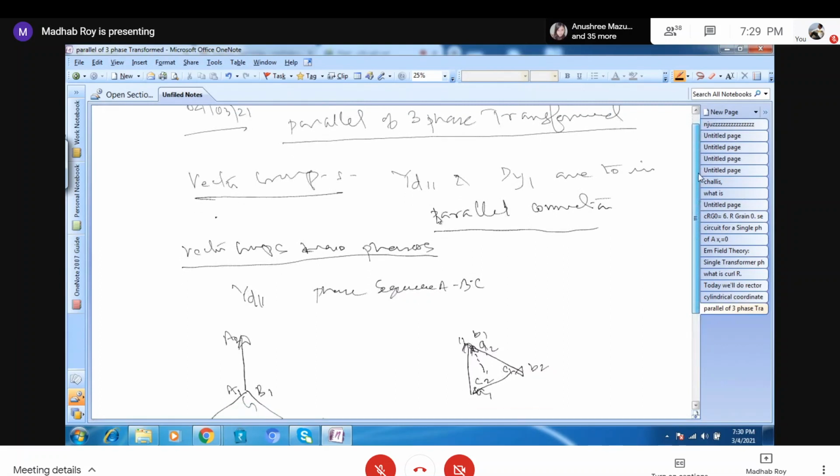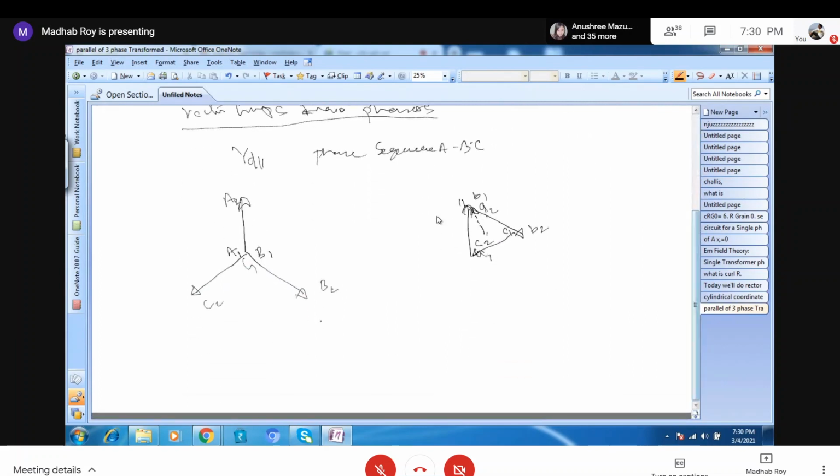Similarly, you can draw the dy1 here. If we draw the dy1, then what will be the vector group? First we draw the y1, small letter.